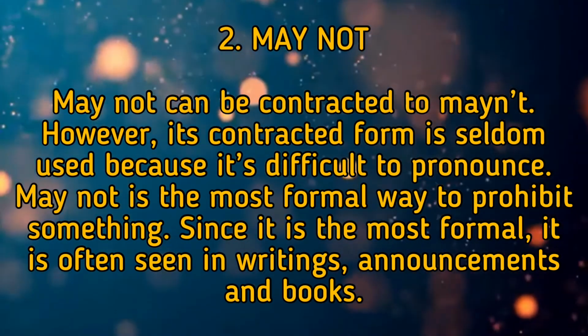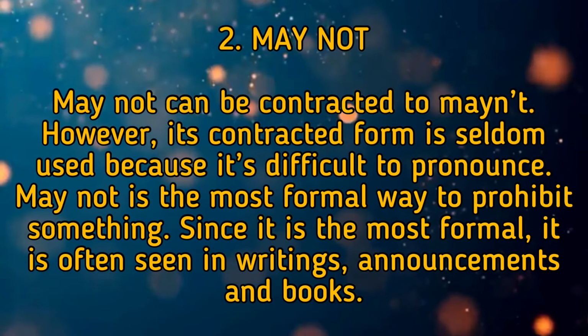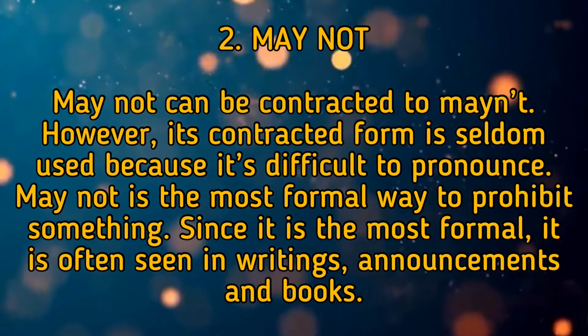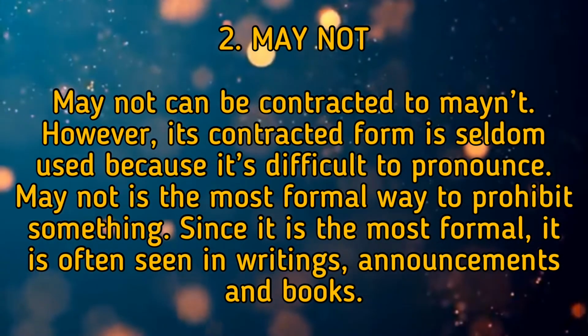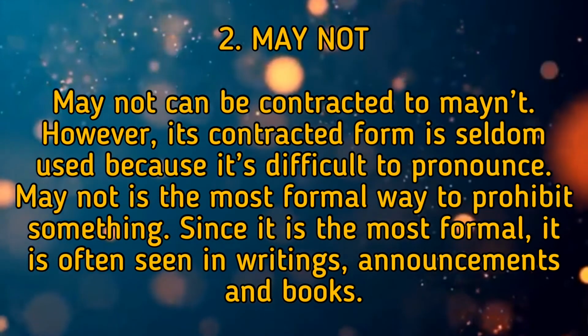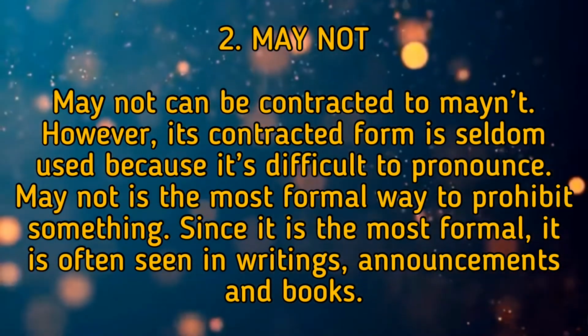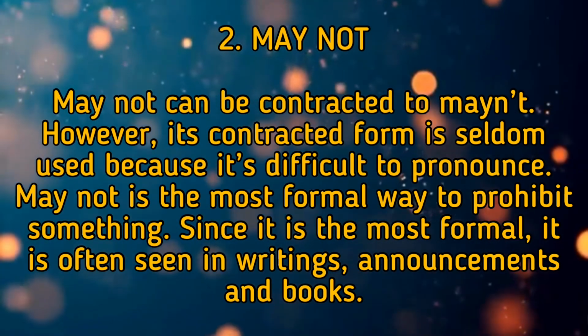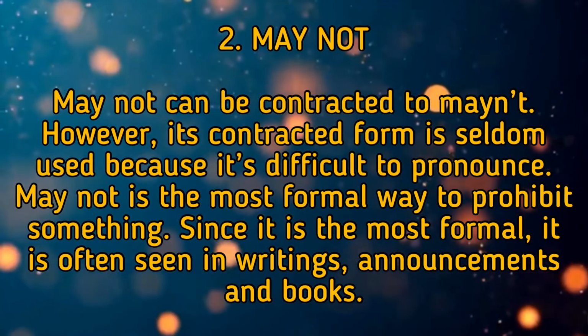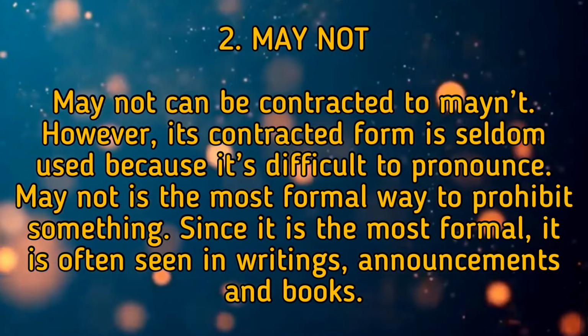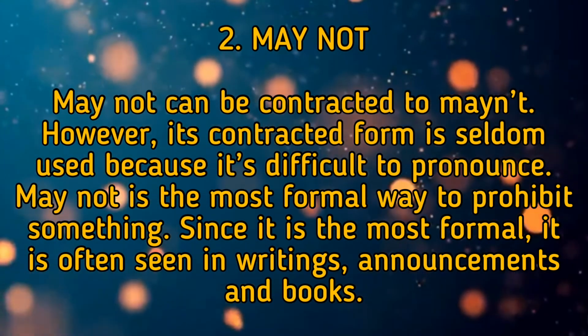However, its contracted form is seldom used. It's because it's difficult to pronounce. Modal verb may not is the most formal way to prohibit something. Since it is the most formal, it is often seen in writing, announcements, and in books.